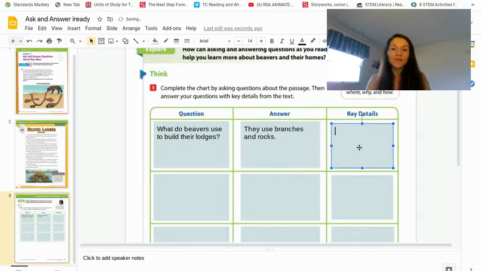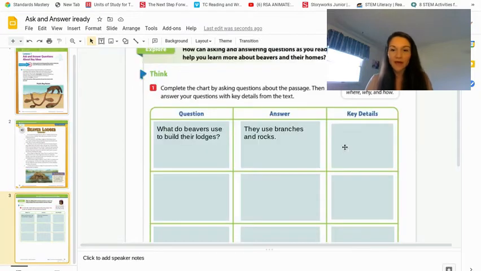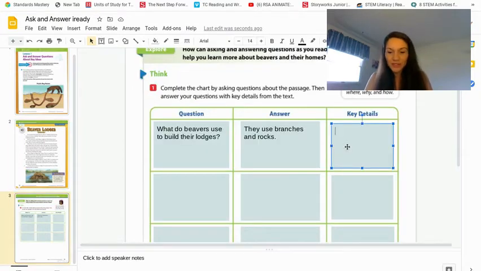Now, your key details. This is where I want you to cite the text. Cite the author exactly. So you're going to copy the sentence that they wrote in the text. This is your detail. This is your text evidence. Beavers build these homes from branches and rocks. Remember to put this in quotation marks. You can do this by pushing down the shift and then the quotation mark. That's how you get to that one if you don't remember.